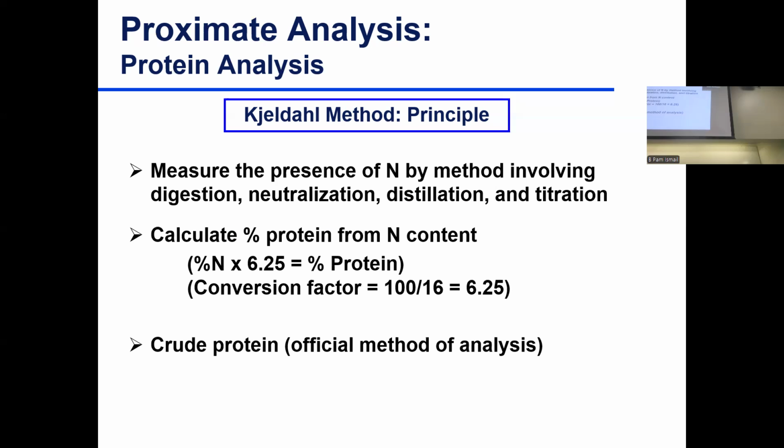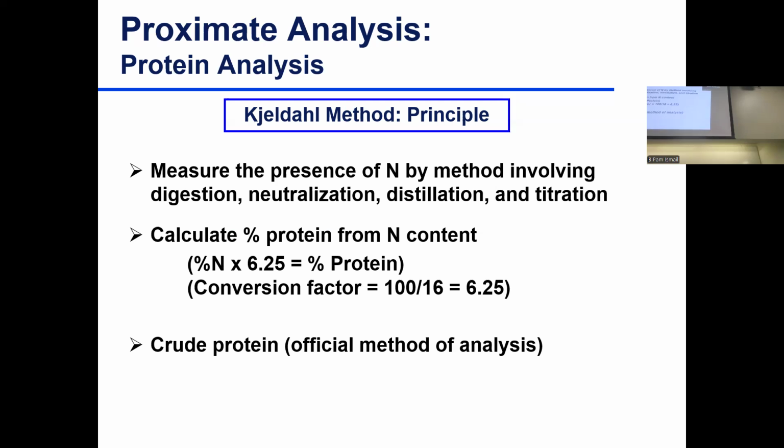So all of these amino acids that have extra amine groups in their R chain cause this percent nitrogen to increase, to be high. So when the 16 is 17 or 18, your conversion factor becomes lower. And if you have less of these amino acids in general, your percent nitrogen will be lower, so your conversion factor will be high.